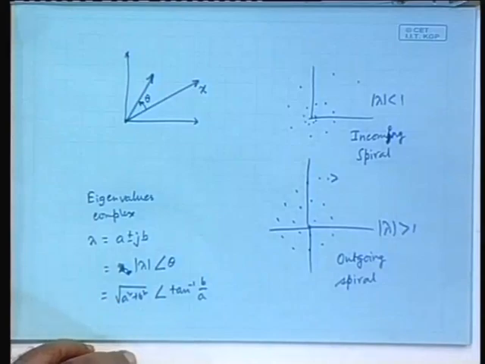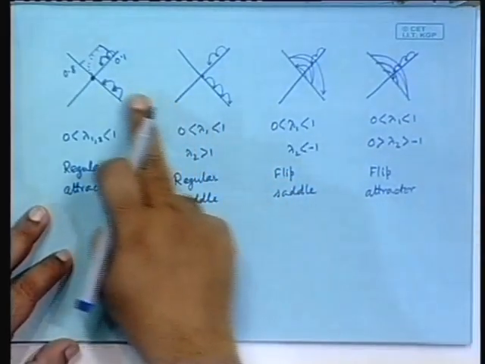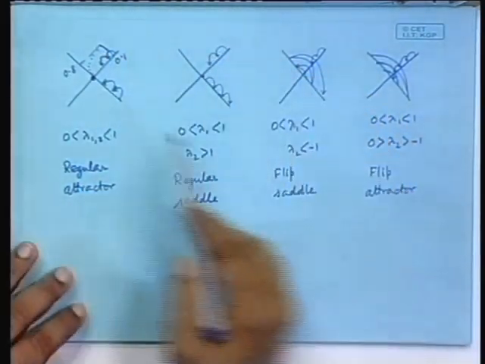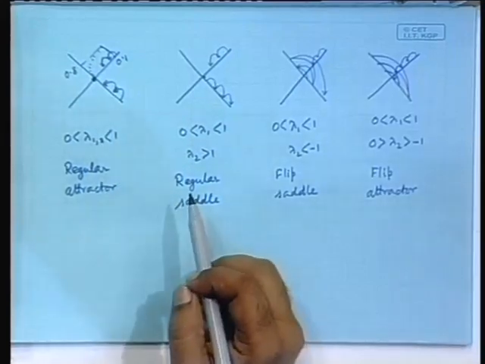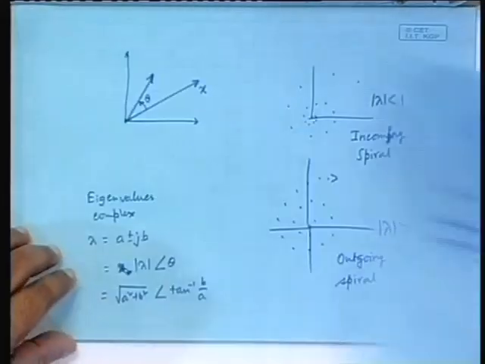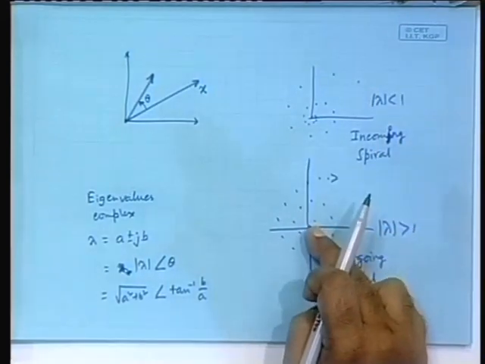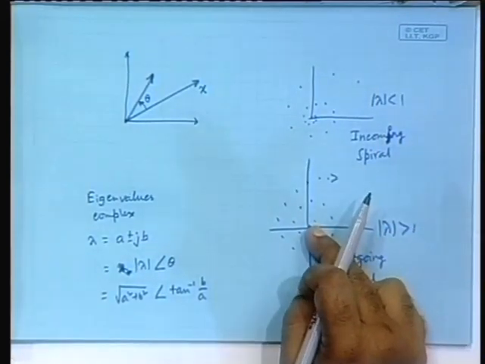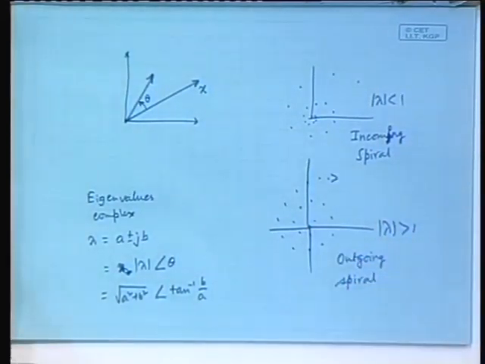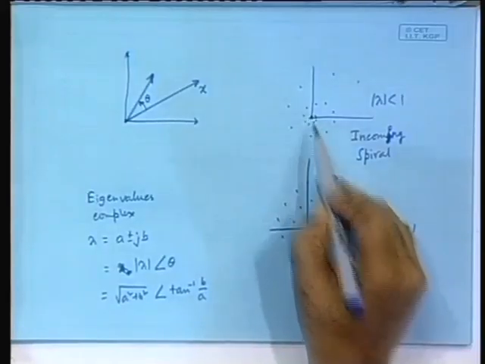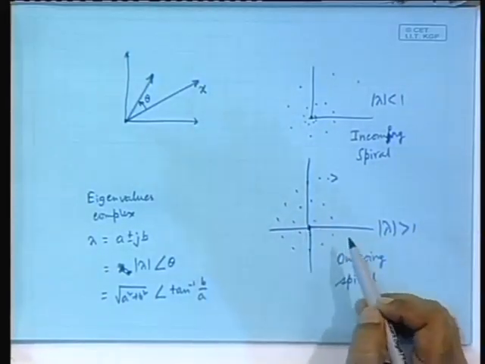Now, notice that these nomenclatures pertain to these points, right? The fixed point has the nomenclature. In these cases, the fixed point, the one around which you have this either incoming spiral or outgoing spiral behavior, these are called foci. That means each one is a focus.